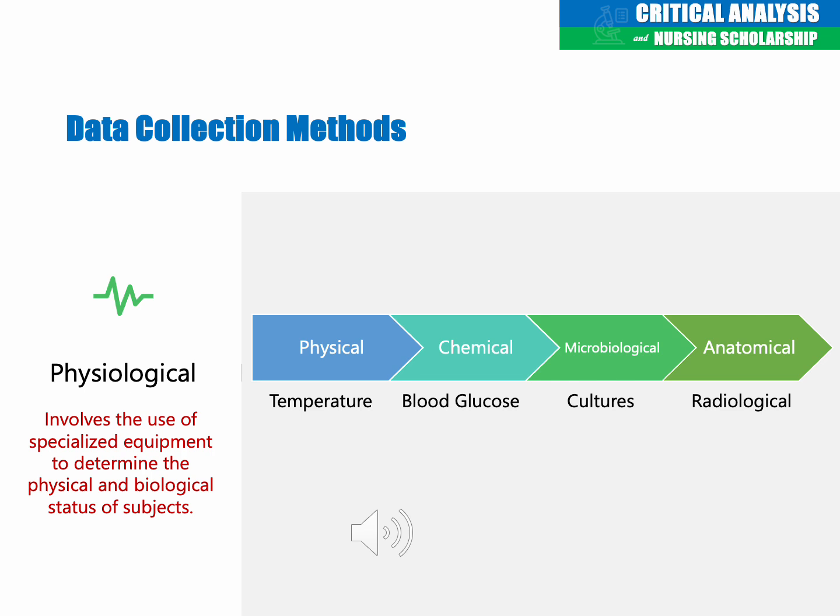Now, the good thing about using physiological methods is that there is high precision, which means your result is very precise and accurate, and it is less prone to reporting bias. However, the disadvantage of using physiological methods is that in most research, equipment cost and complexity.